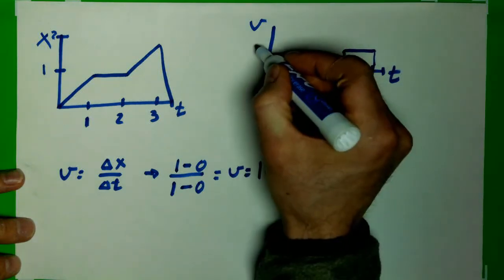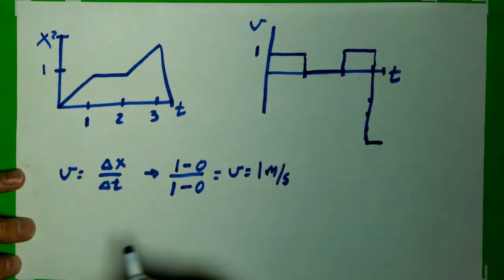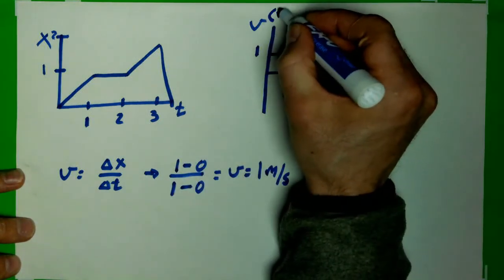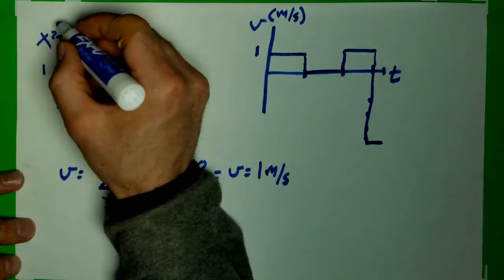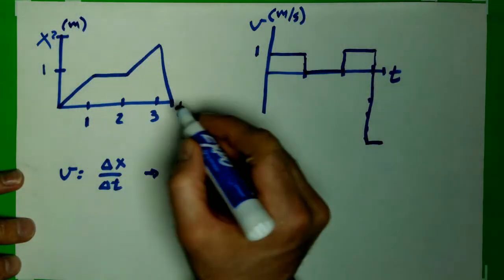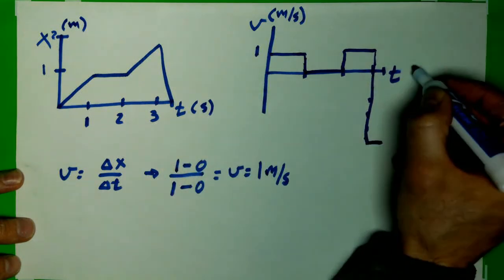So this is a value of 1, with units of meters per second. I should be careful here. This is units of meters. This is units of seconds.